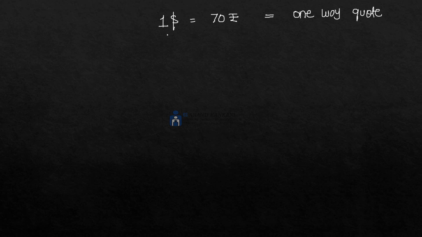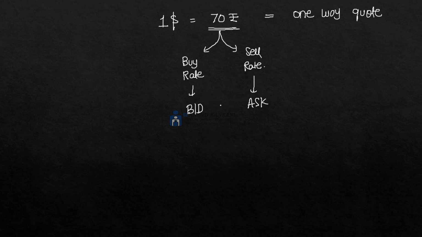It represents that when you sell dollar, the bank is going to give you 70 rupees, and when you purchase dollar, the bank will ask for 70 rupees. So 70 is the buy rate and 70 is also the sell rate. The bid price is 70 and the ask price is also 70. When both bid and ask are the same, it is called a one-way quote.